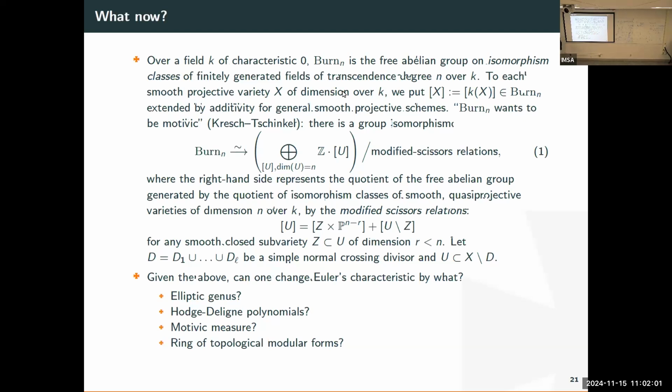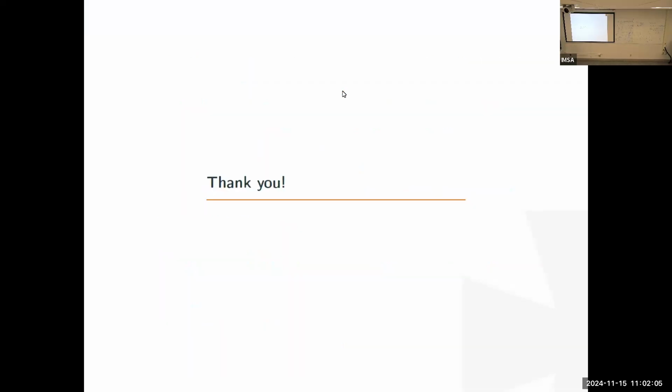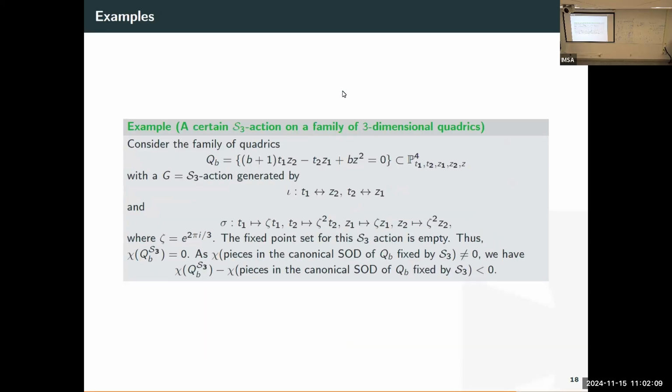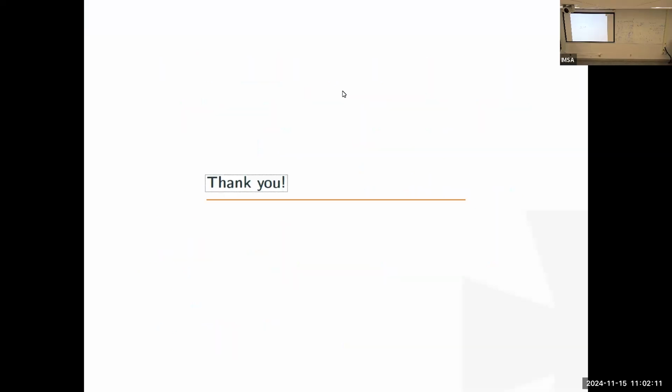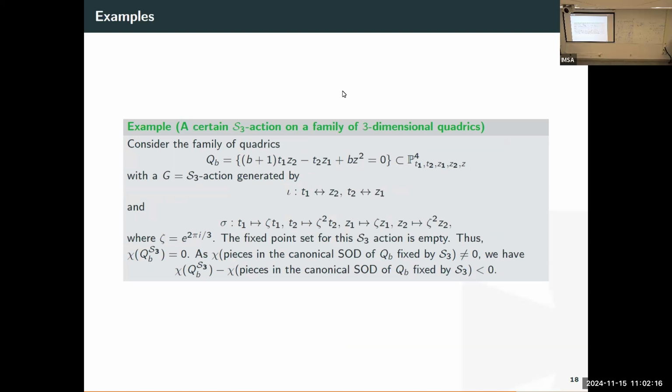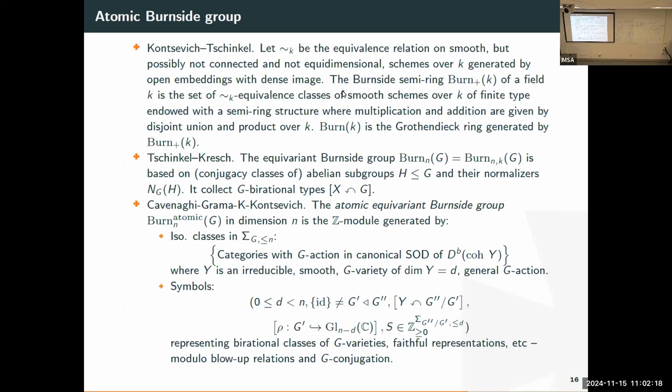Yeah. Go back a few slides, to the definition of the new atom Grothendieck group. Okay, yes. I have some questions here.